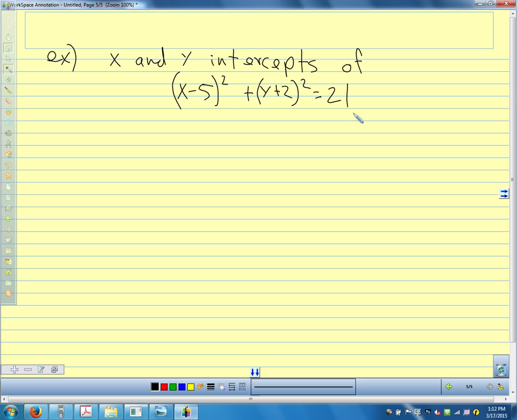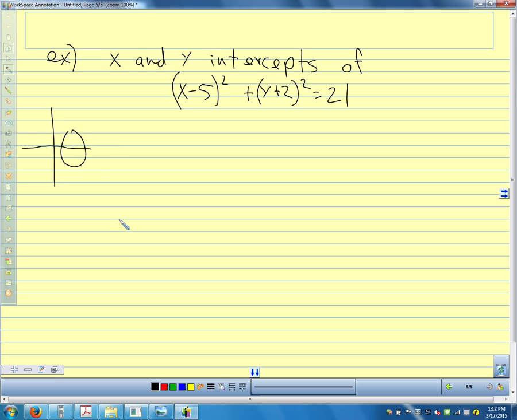So before we solve this problem, let's think about the possibilities. So here are my coordinates. How many possibilities do we have for x-intercepts? What's the most we could have for a circle? 2, right? The circle could look like that.